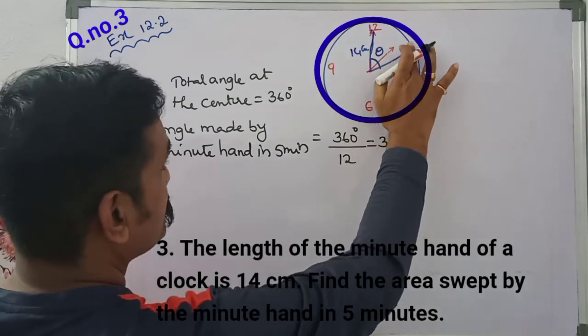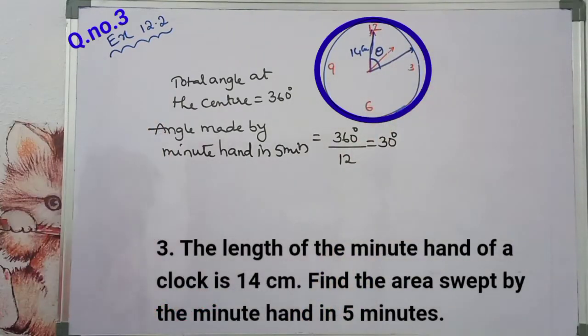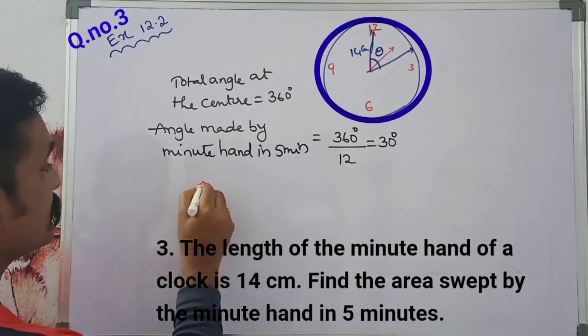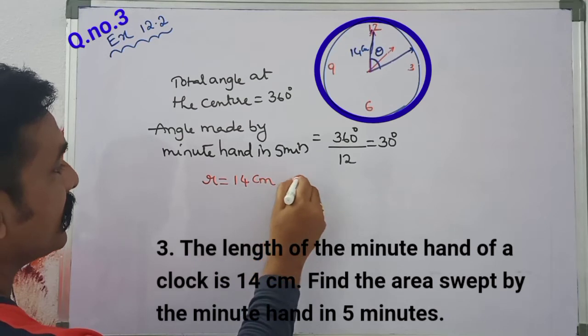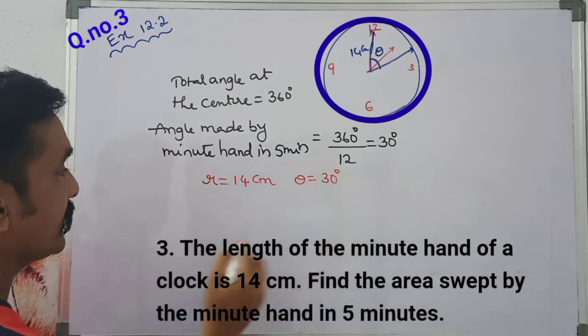So within 5 minutes the angle made by the minute hand is 30 degrees. Now radius equals 14 centimeters and the angle equals 30 degrees.